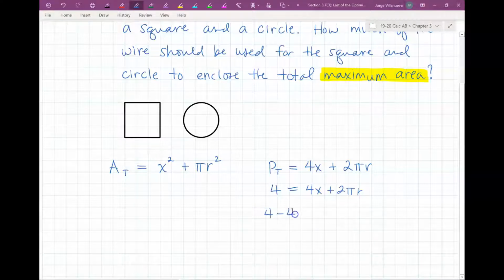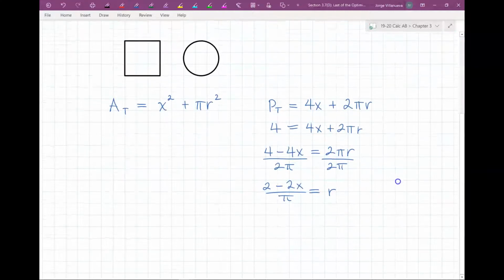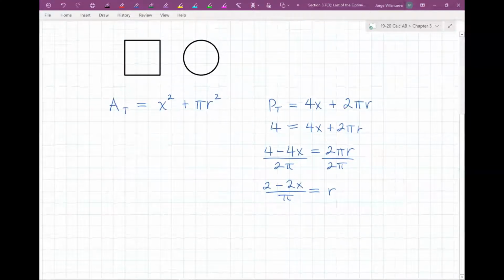So 4 minus 4x is equal to 2 pi r. We'll divide by 2 pi. So that tells me that r is equal to (2 minus 2x) over pi. Notice I reduced the 2.